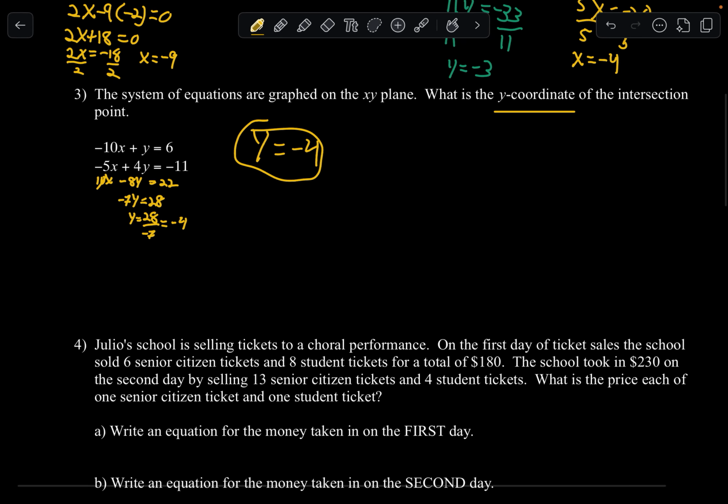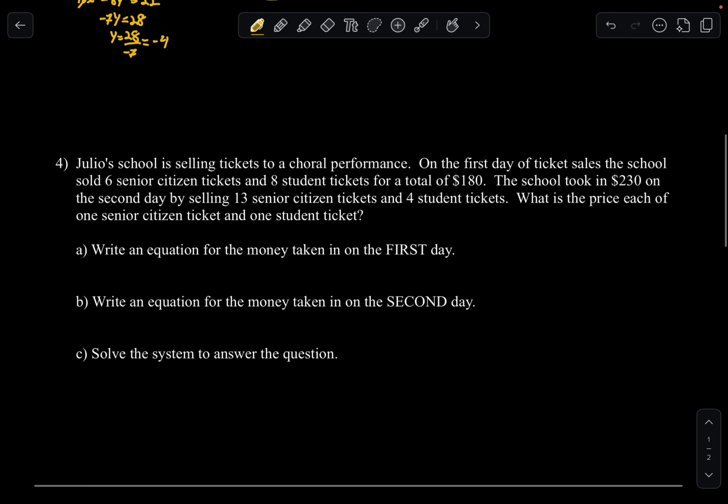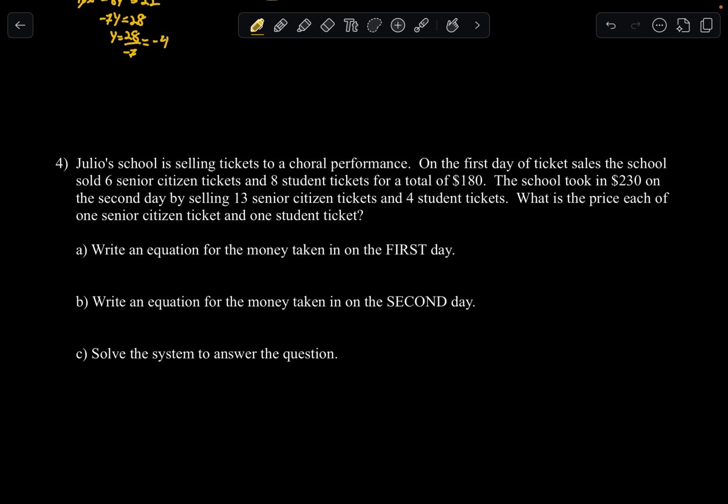All right, the next one is a word problem. It says, Julio's school is selling tickets to a choral performance. On the first day of ticket sales, the school sold 6 senior citizen tickets and 8 student tickets. First thing I'm going to do is define my variables. X equals senior citizen tickets, and Y equals student tickets.